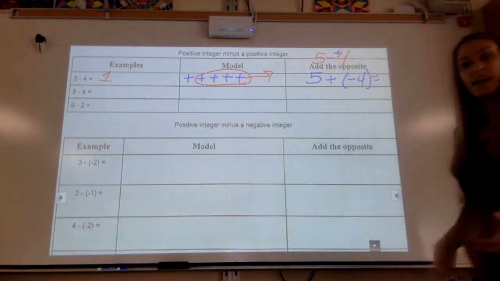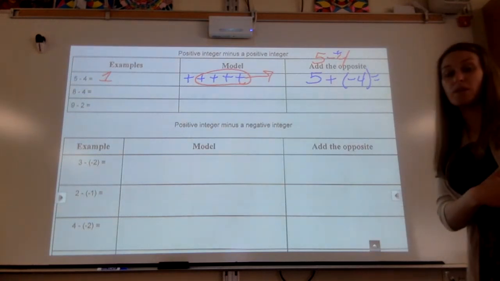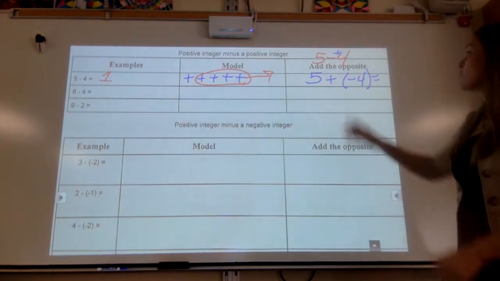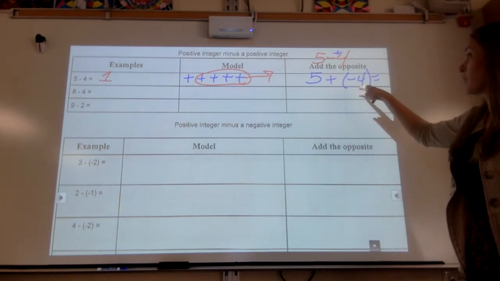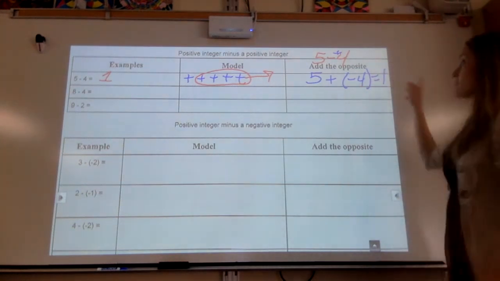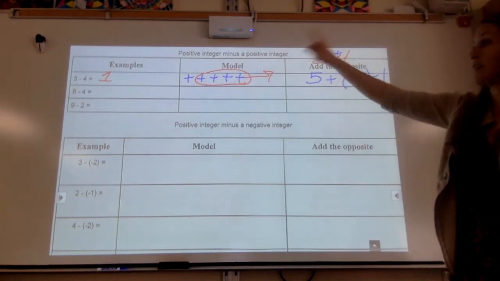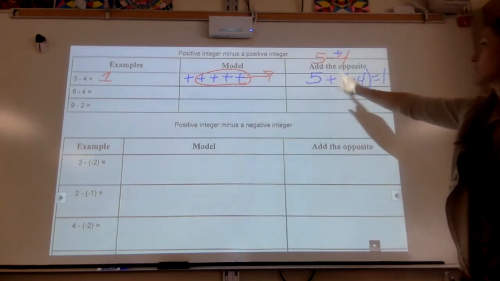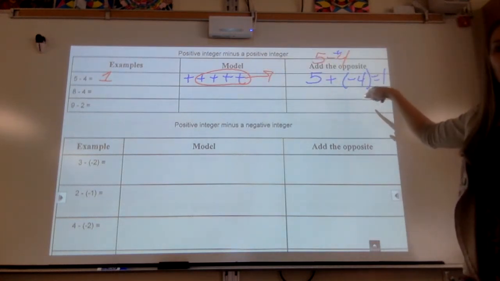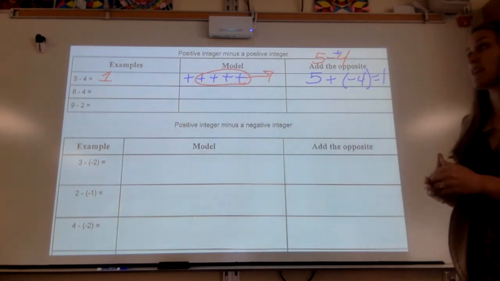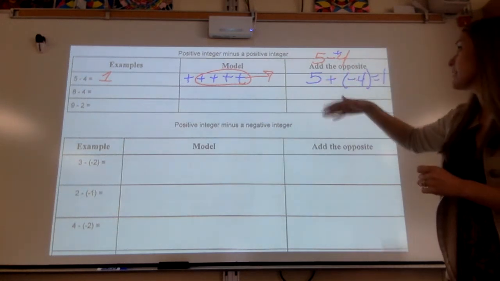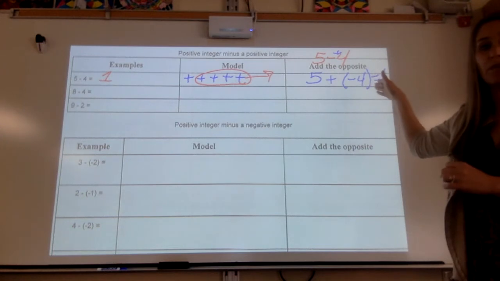Now, we've been doing adding integers this whole past week, actually for 3 lessons, and you know 5 plus a negative 4 is 1. Do you see how we got the same answer? So it's just another way to write 5 take away 4. You can write it as 5 plus a negative 4. So that's what this top part is thinking about: subtraction is the same as adding the opposite. That's going to be a really important skill.